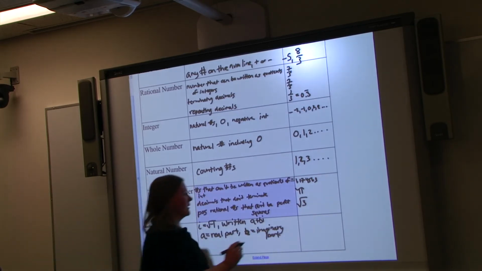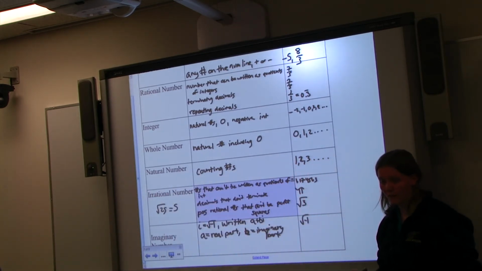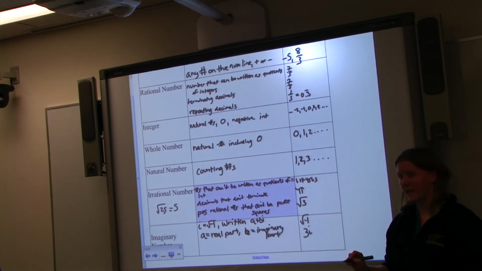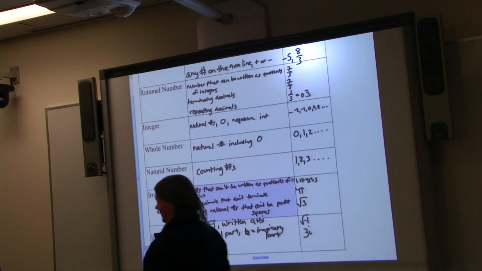Example, you could have the square root of -1, something like 3i. We'll get to how you solve that in just a minute.